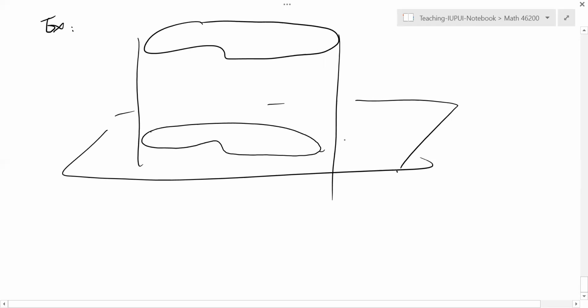The normal vector to this cylinder and the normal vector to the plane are always perpendicular, so this intersection must be a geodesic.